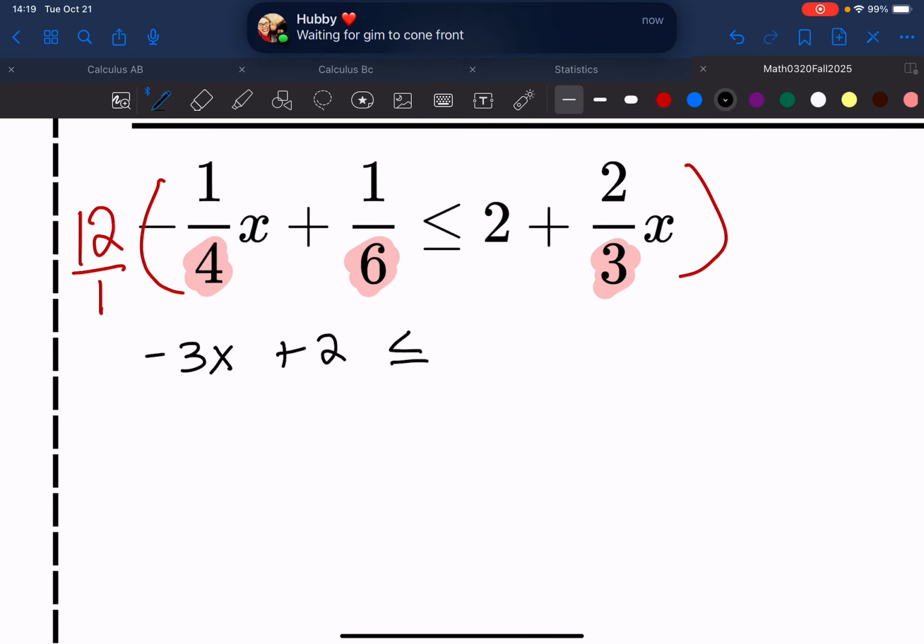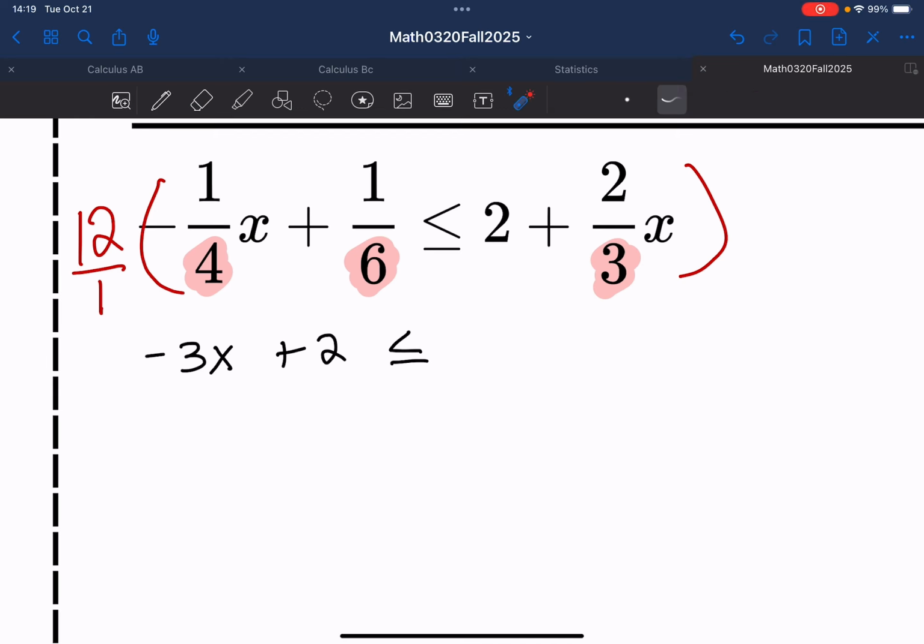Bring down my inequality. Then I am going to do 12 times 2, which is 24. And then 12 over 1 times 2 over 3x, where I'm going to do 12 divided by 3, which is 4, and 4 times 2, which is 8, so plus 8x. Okay, when I do that, I get rid of all the fractions.